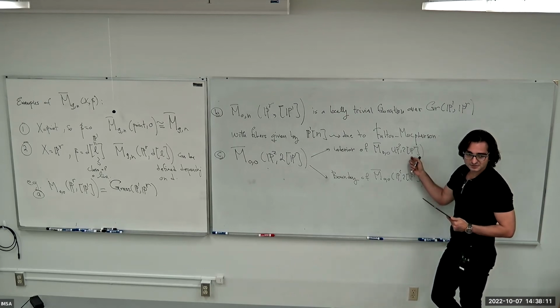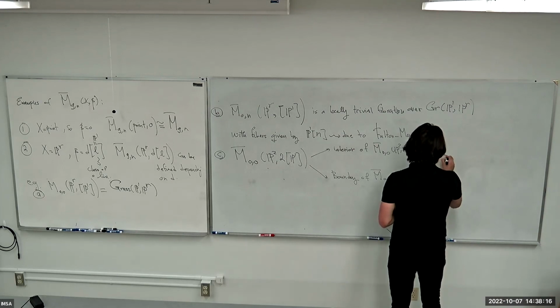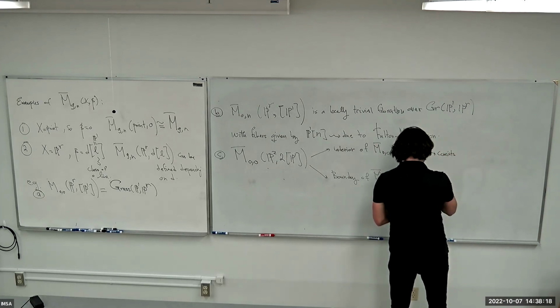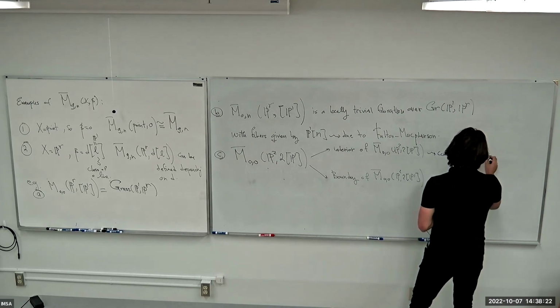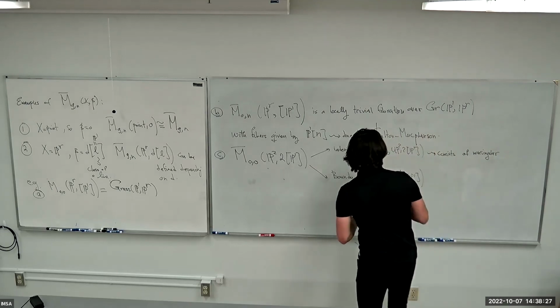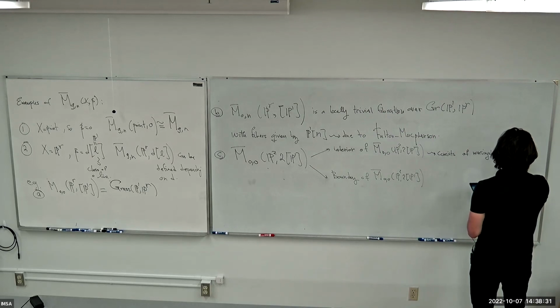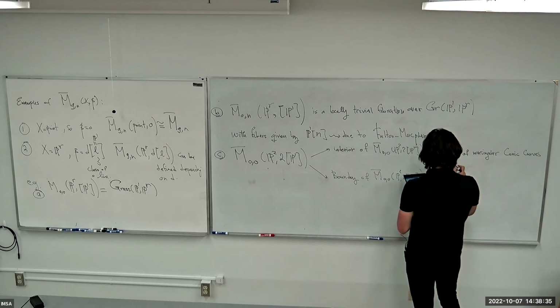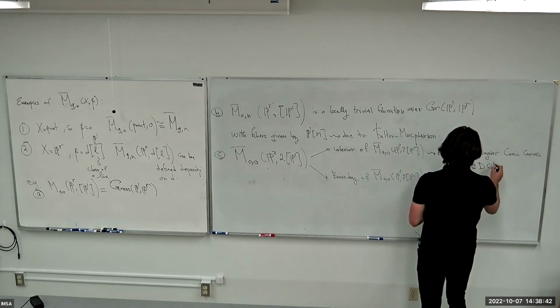These are conic sections, okay? So the interior of it consists of non-singular conic curves inside P2.